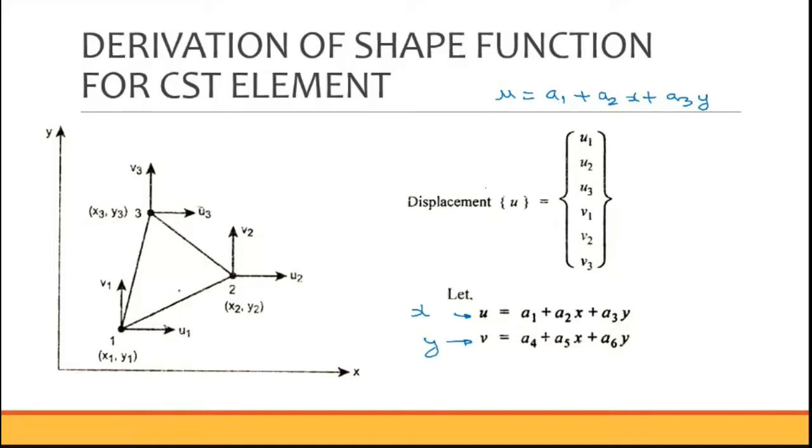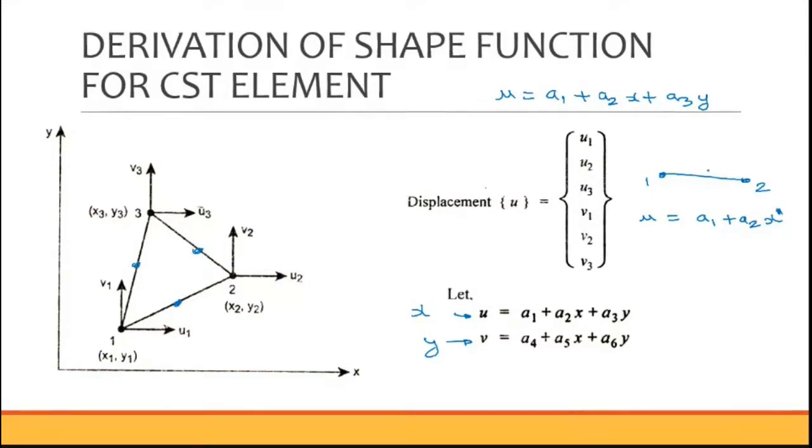What happens if there are some other points in between? You know that if I consider a one-dimensional element, the trial function we consider is u is equal to a1 plus a2x. It means the power is 1, it is linear. It's a linear type of element.